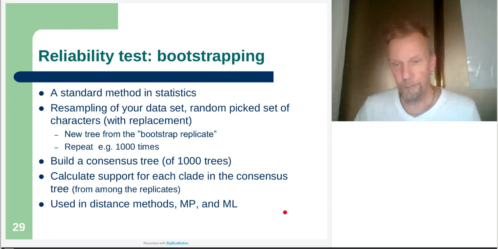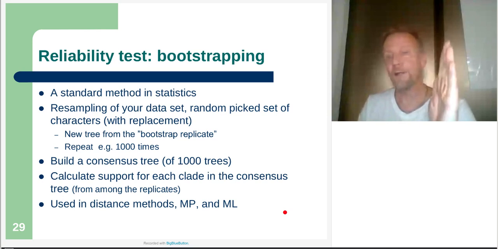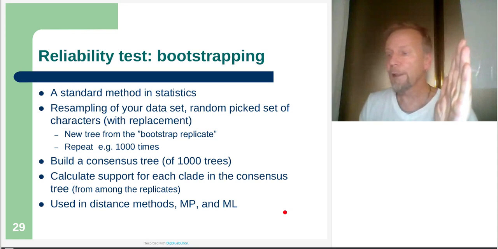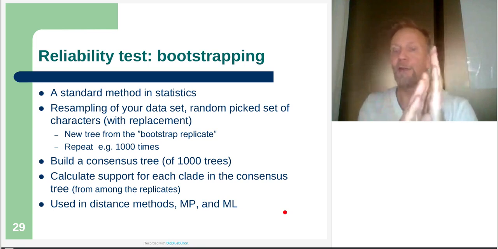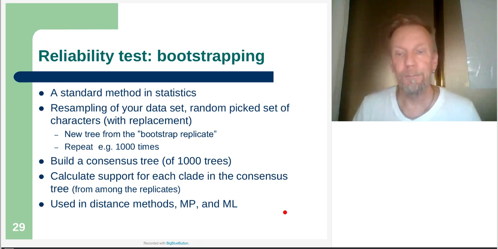You resample with replacement, which means that you first take a random column of the alignment and you put it in the control data set. Let's say we get number 7. And the next time we take another column from the set, we probably get something different, but towards the end we have a high probability of getting a second copy of something we already have.